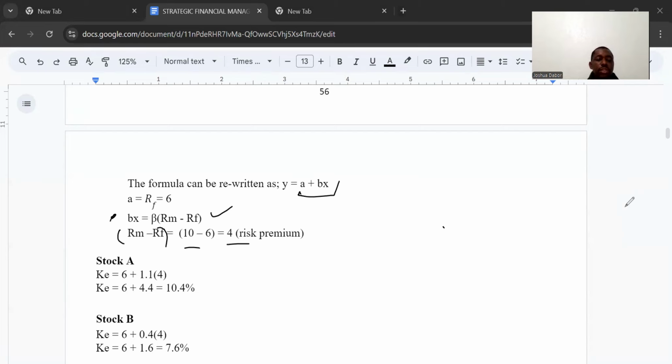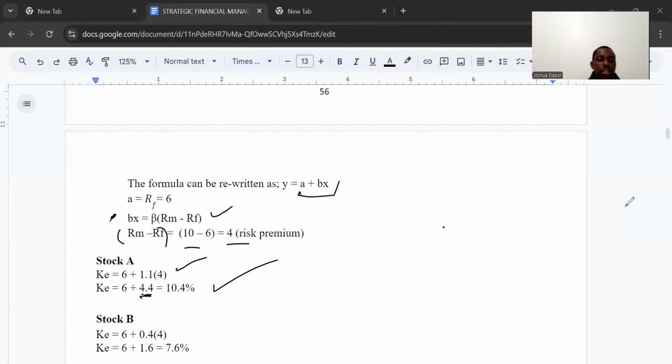So for security A, the beta factor is 1.1. So 6 plus 1.1 times 4 will give us 4.4, and the cost of equity, or the return to the investors, will be 10.4%.